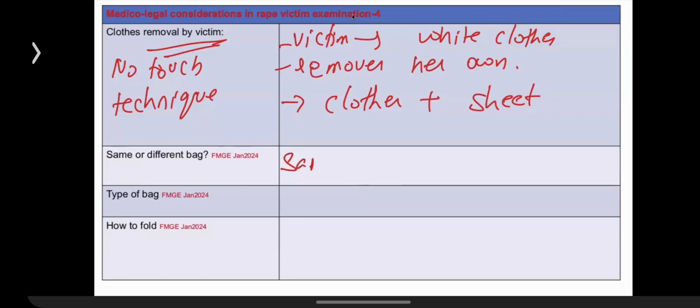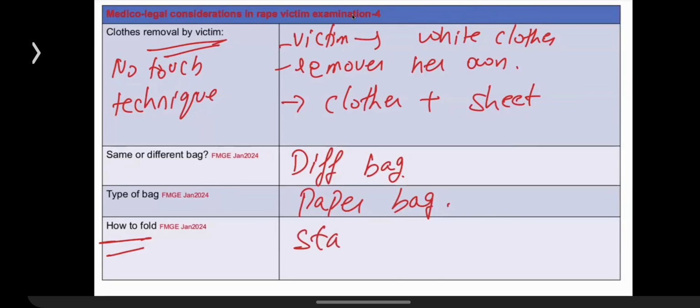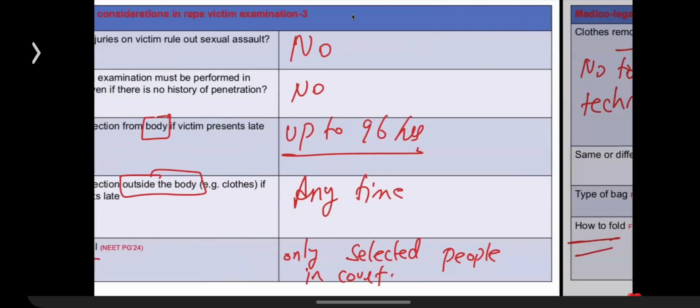Each cloth goes in a different, separate bag. The bag has to be a paper bag, not a plastic bag, because a plastic bag will trap moisture. How to fold: fold in such a way that the stained part does not touch the unstained part. Okay, last slide. Have a look.